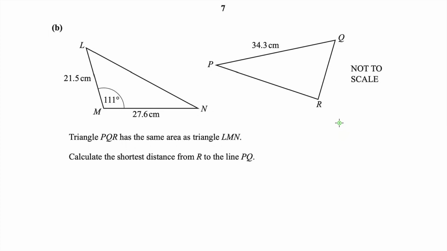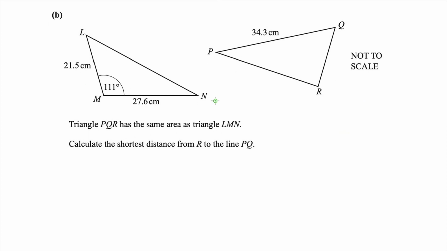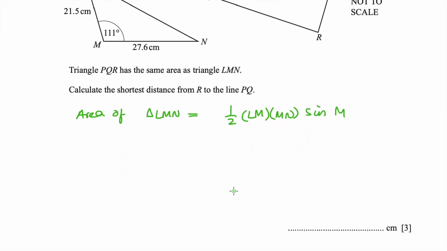Triangle PQR has the same area as triangle LMN. Calculate the shortest distance from R to the line PQ. So what do we know? Area of triangle LMN is equal to half into LM into MN into sine M. And since we have this already, we can calculate this value directly. 27.6 into 21.5 into sine 111 degrees.